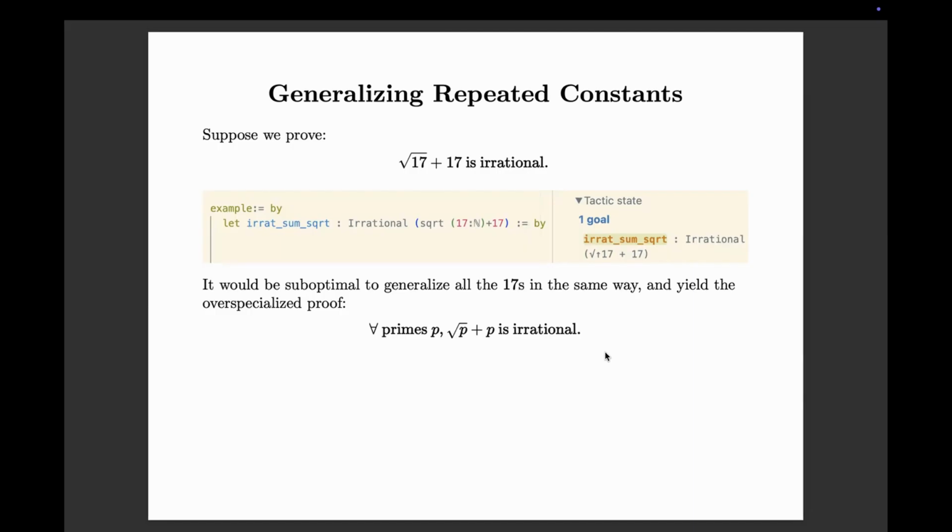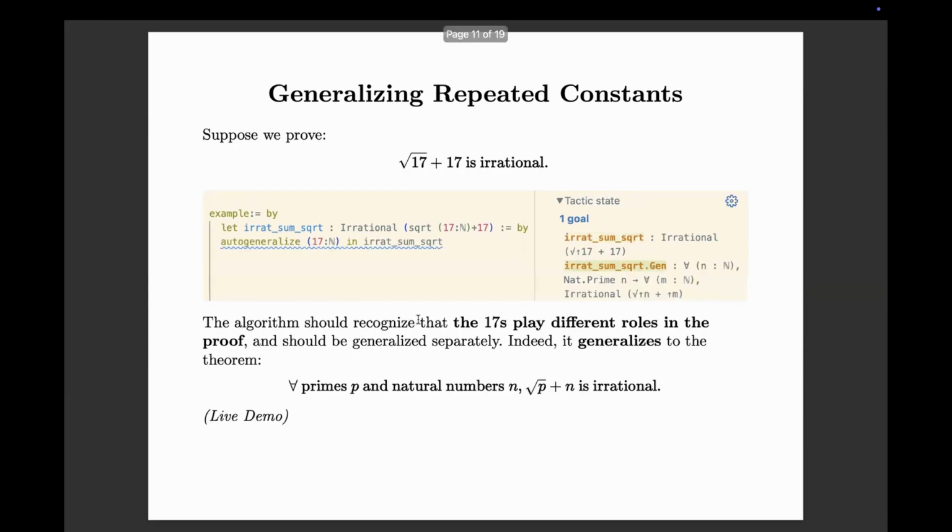We should recognize that these are both 17, but they play different roles in the proof, and they can be generalized separately. And so our tactic can recognize that really this generalizes to the theorem that for any prime, the square root of any prime plus any natural number is irrational.